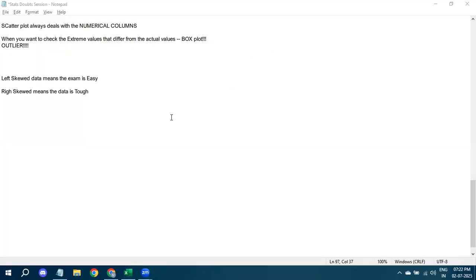Let's say there is a very extreme person who has scored only zero, and others have started from 25 marks. So are we going to include that 0%, that outlier, when plotting the histogram and making inferences from the skewness?